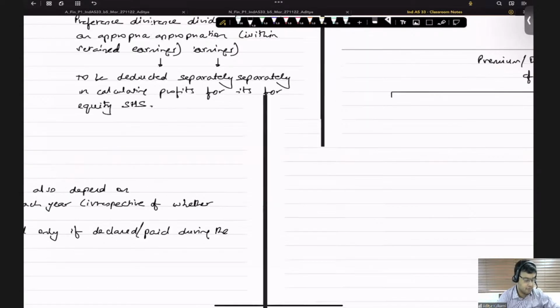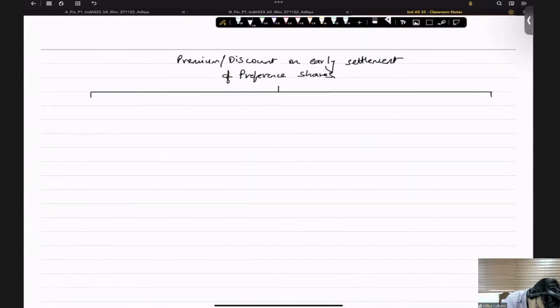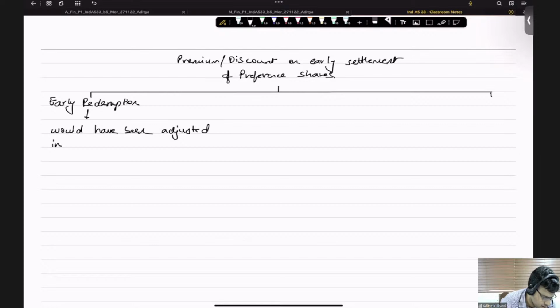Okay, so let us then proceed. Early redemption would have been adjusted in retained earnings by the entity. Premium that is paid on account of early redemption.